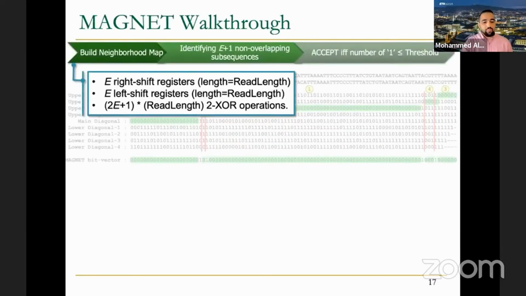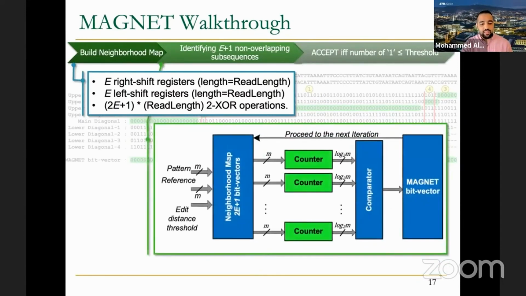All right, so we implement this on FPGAs, and these are the resources needed. To count here, you can either consider the entire mask to do the counting, or you can divide the problem into, for example, 2 subproblems, and then solve each of these separately using the MAGNET algorithm.